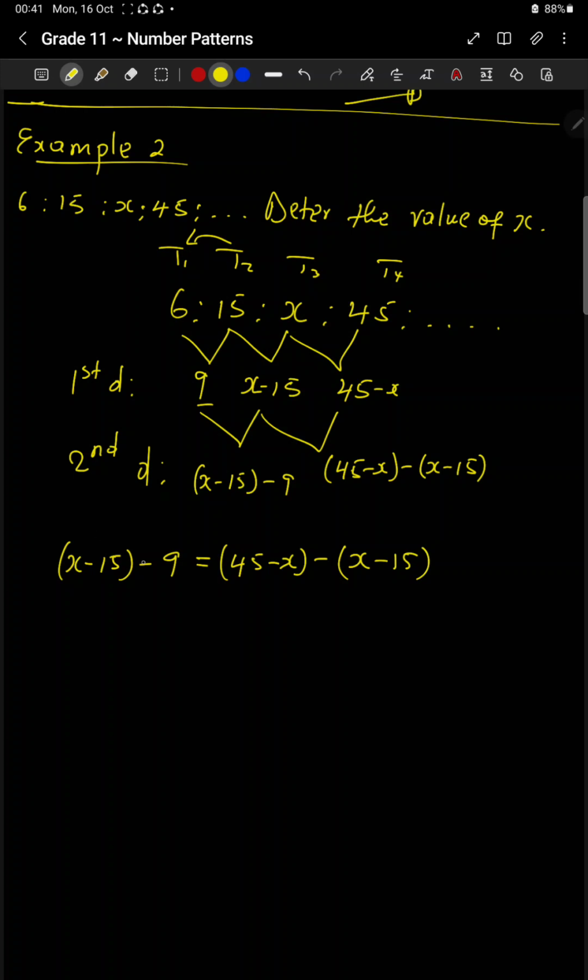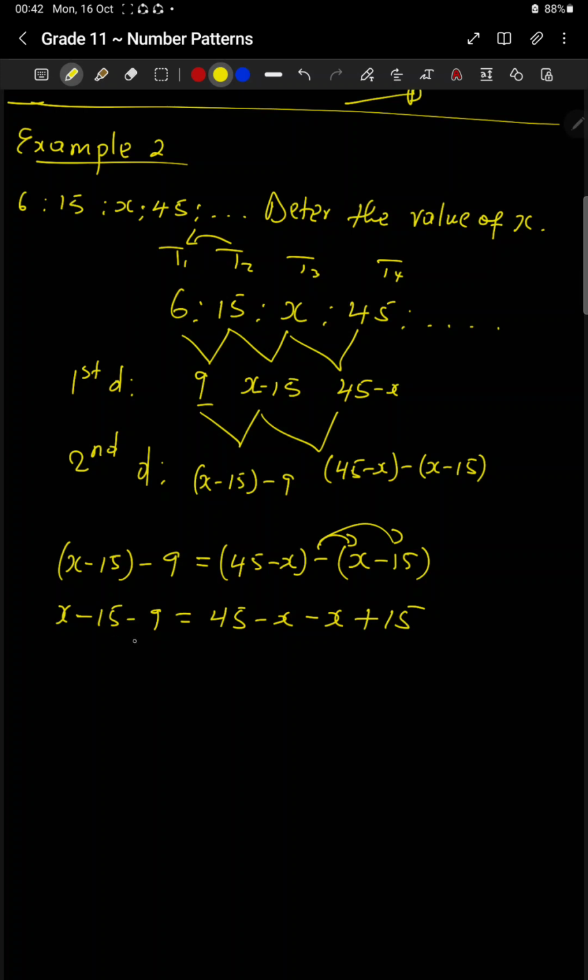and then we just work it out. So we're going to have x minus 15 minus 9, and on the other side we're going to have 45 minus x. We open these brackets with this negative sign, it's going to be negative x plus 15.